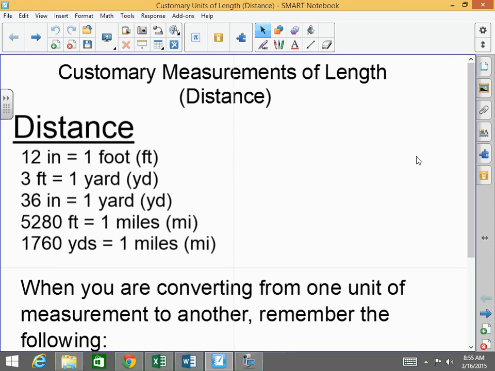And 5,280 feet equals 1 mile. And since there's 3 feet in every yard, 1,760 yards equals 1 mile as well.